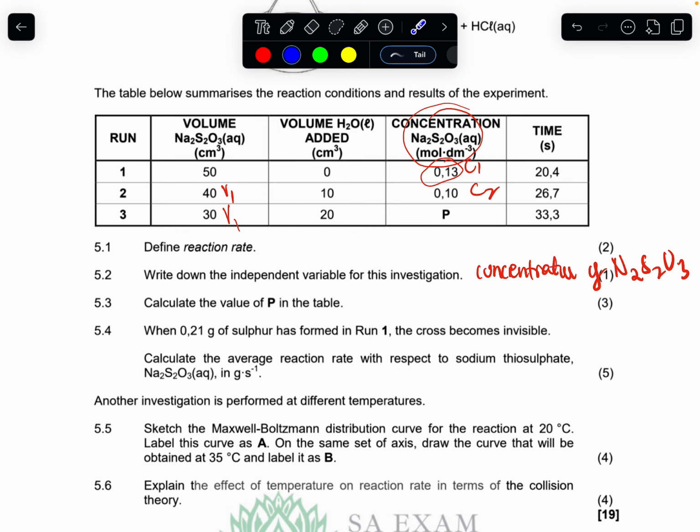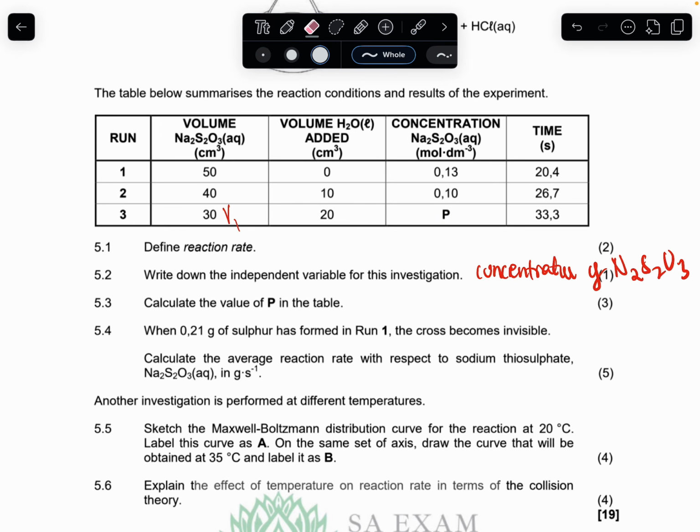Now in 5.3, it says calculate the value of P. So we want the concentration of the third run, which is the final concentration, our C2.